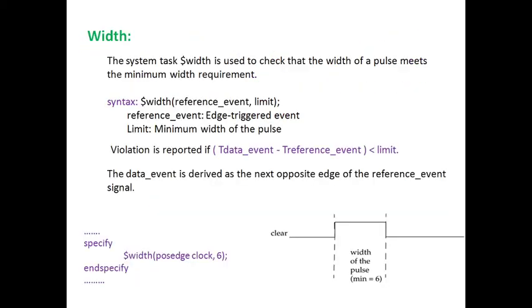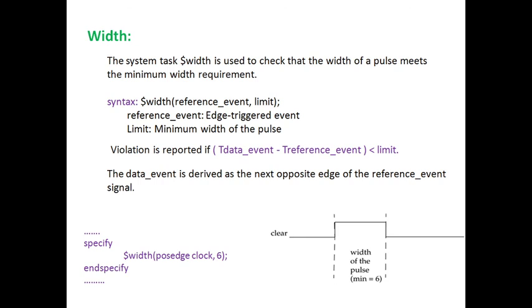But coming to the $width case, we don't have this requirement because we are mainly concentrating on checking the width of a pulse. That means whether T on, the suffix on, is meeting the minimum pulse width requirement or not. That is our main motto.